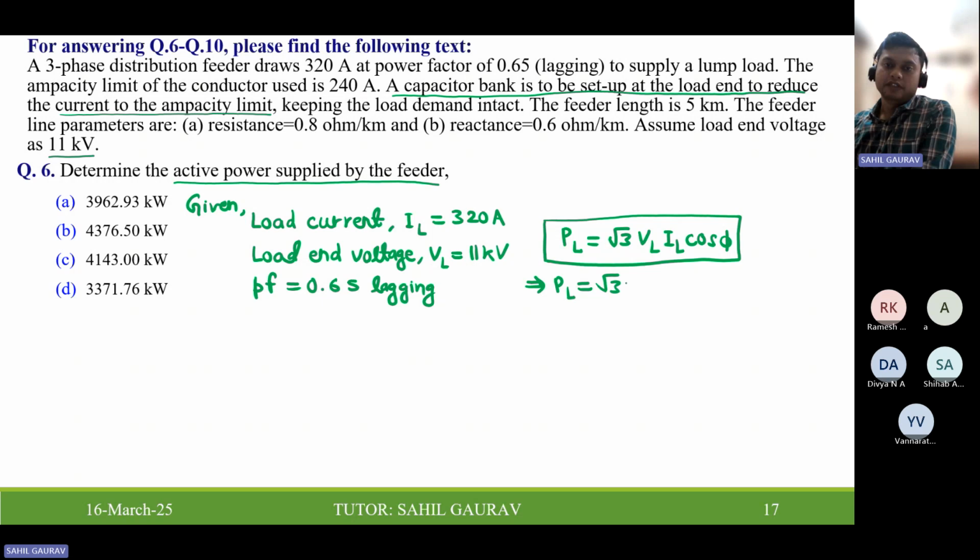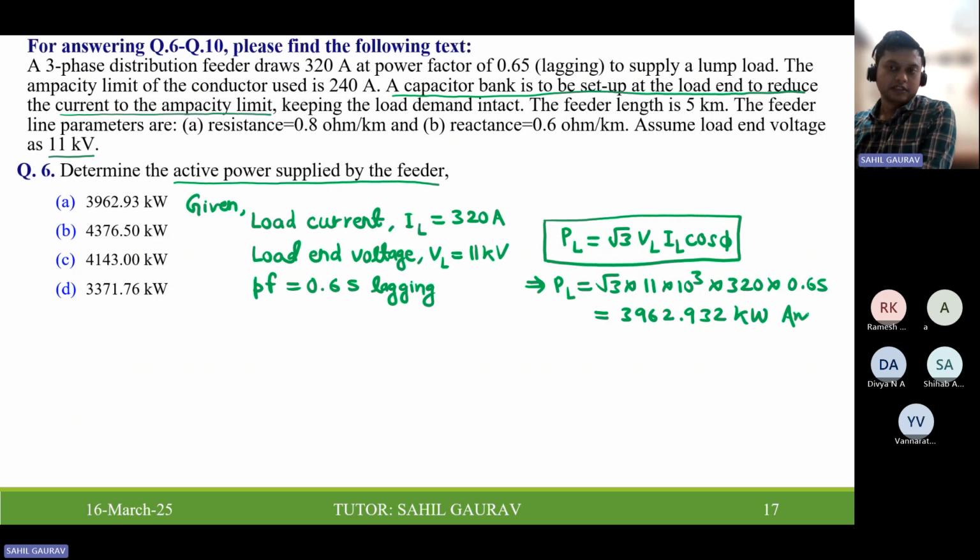So root 3 into VL, which is 11 kV, so 10 to the power 3, into IL which is 320, into cos phi which is 0.65. So you will get 3962.932 kilowatt.